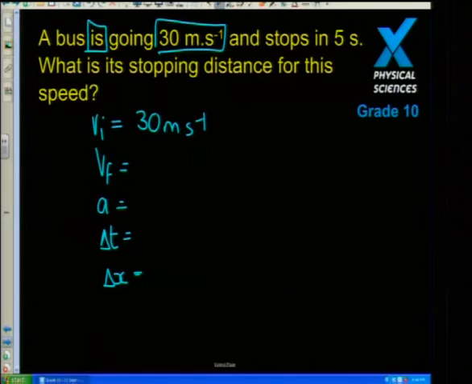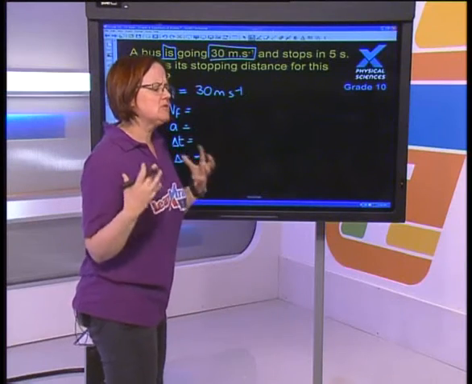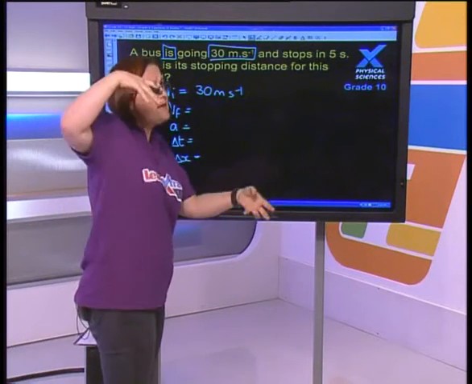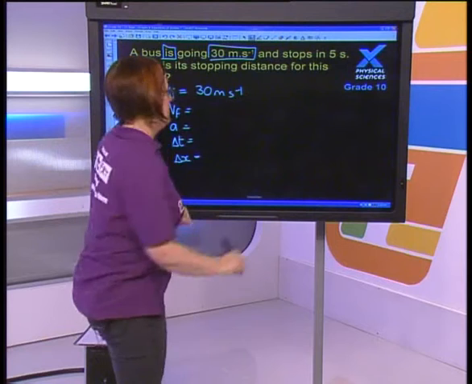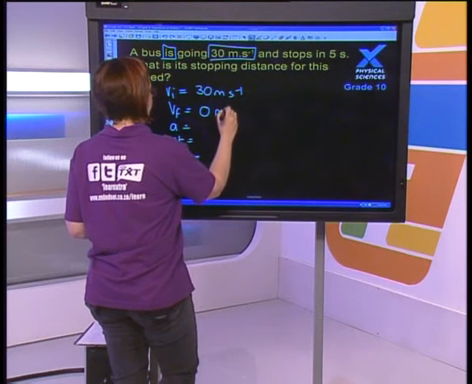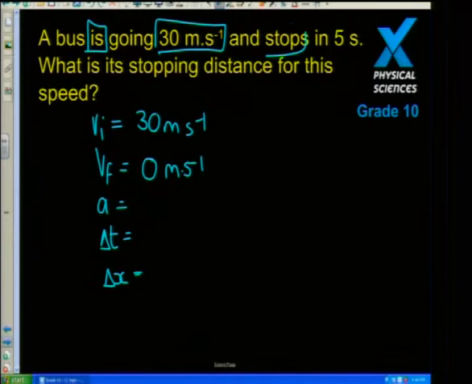It comes to a stop and stops. Stop means that it's going to come to a rest, not moving. Final velocity is 0. And it does this in 5 seconds. What is its stopping distance for the speed?